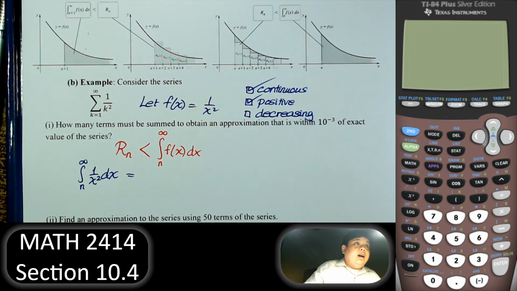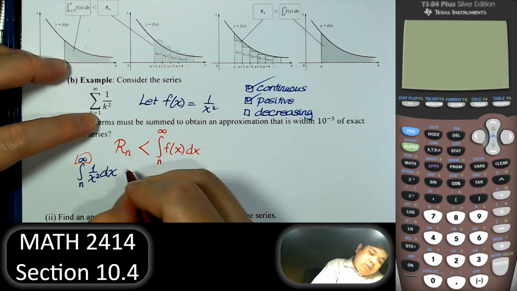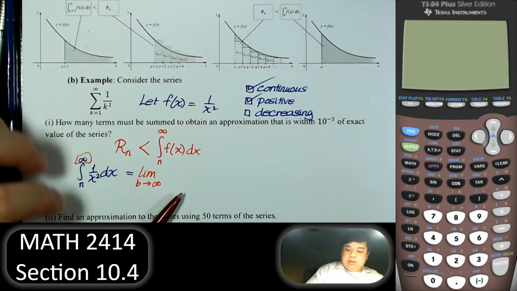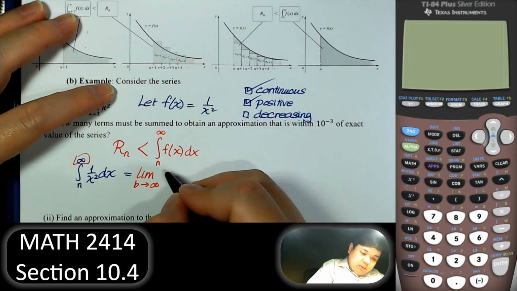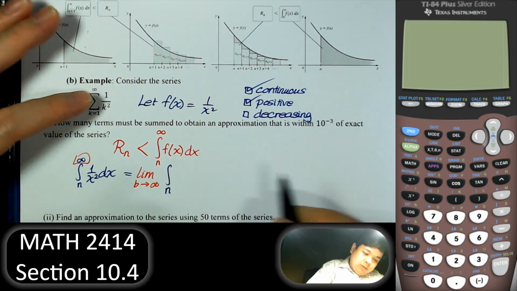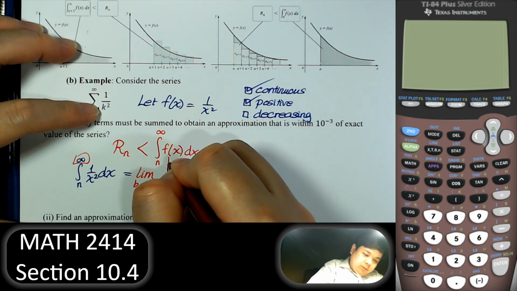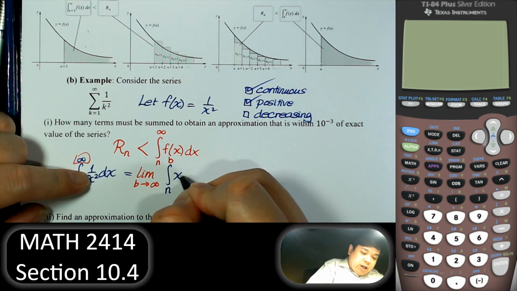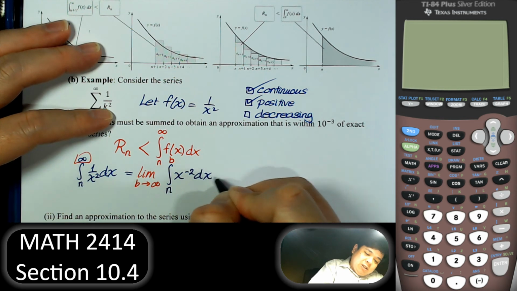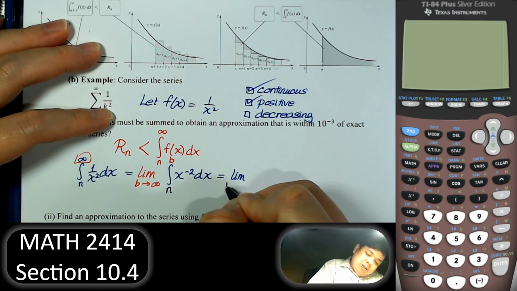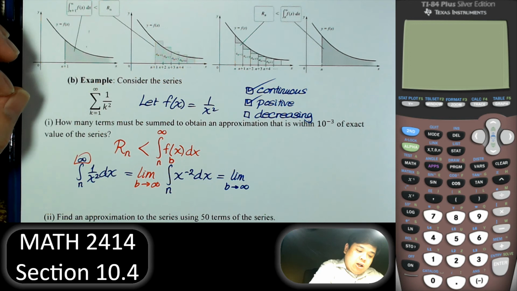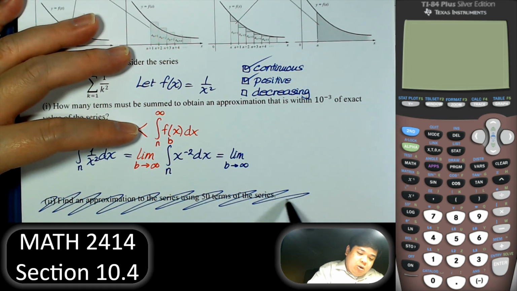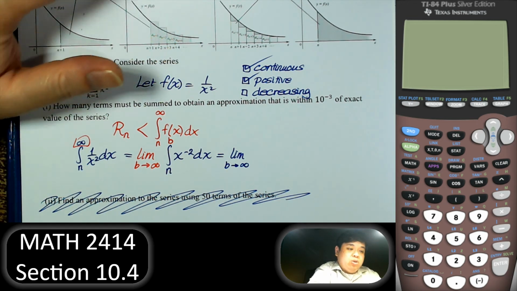And again, for infinity, replace that with the limit as b goes to infinity. This I can write as x to the negative 2. So we do the integral. By the way, I'm just going to ignore the second part of the problem. That's very easy.